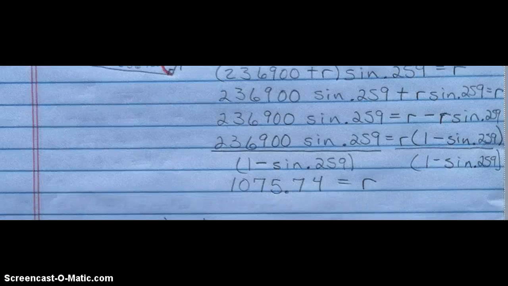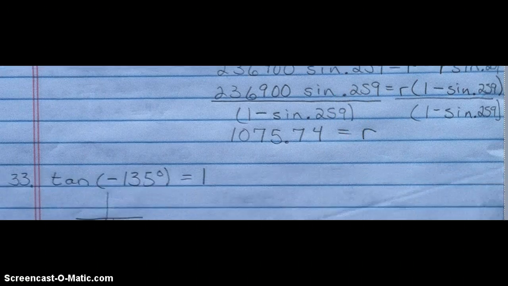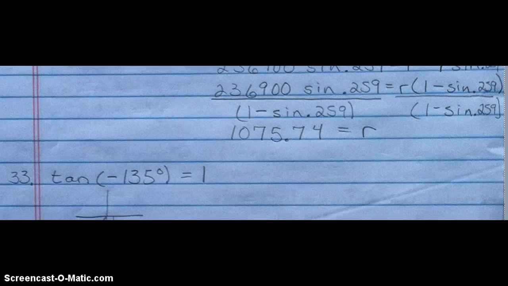That equals the radius. We're solving for r, so we need to subtract r sine of 0.259 from both sides. Factor out the r. Divide both sides by 1 minus sine of 0.259. On the left-hand side here, make sure that you put the denominator in parentheses as you feed it into your calculator so that you will have the subtraction happening before you do the division. That should give you that the radius is 1,075.74.